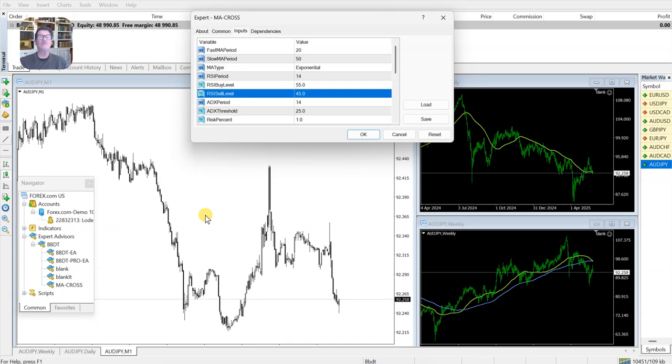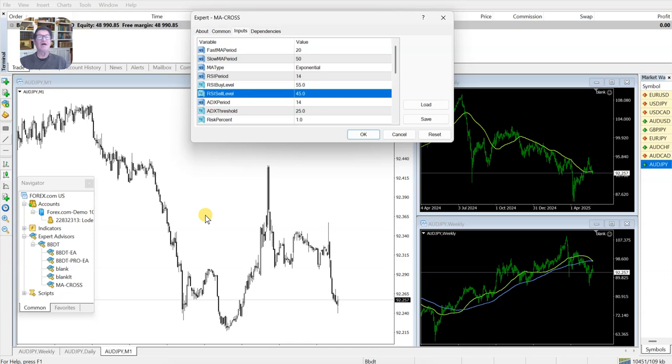As the crossover happens, if it's a downward cross, the RSI must be below 45 and the ADX, or trend strength, must be 25 or greater. If it is an upward cross where the fast MA moves above the slow MA, then the RSI buy level must be 55 or greater and the ADX must be 25 or greater. Only then will we have actual entry, either buy or sell conditions.